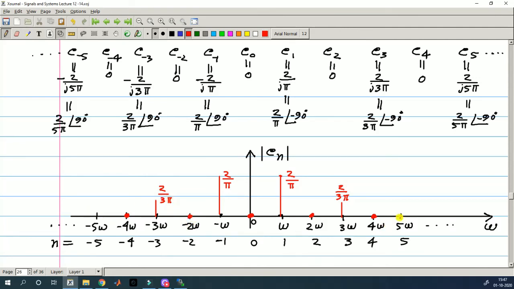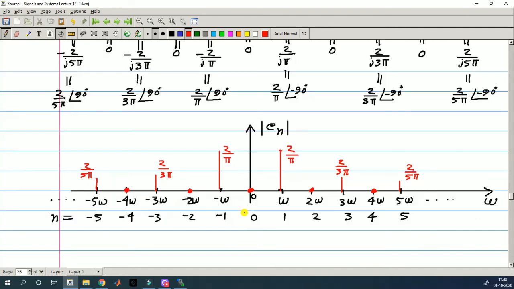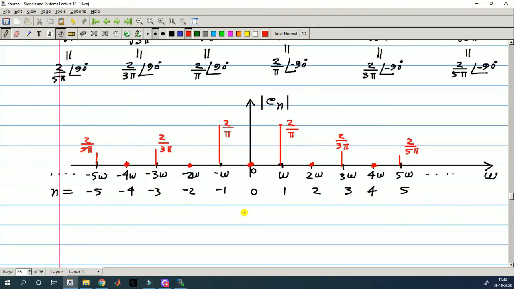Similarly, at n equal to 5, C5 has magnitude of 2 by 5 pi. So an even shorter bar with height 2 by 5 pi, and here as well at minus 5, 2 by 5 pi.